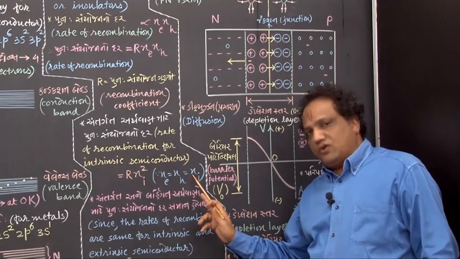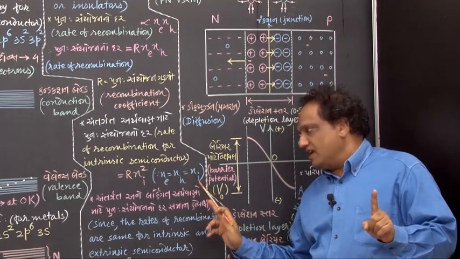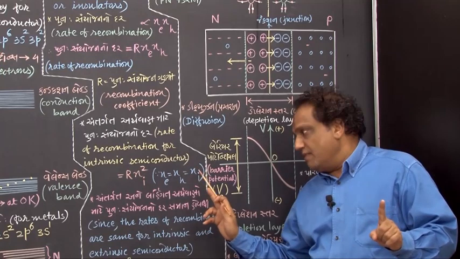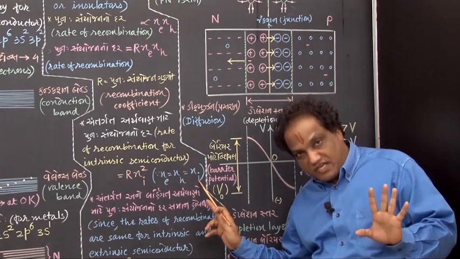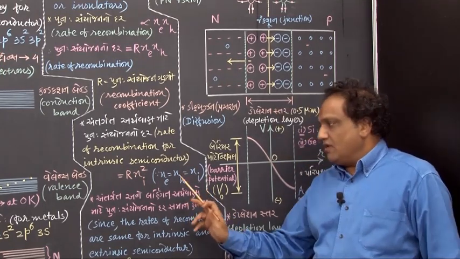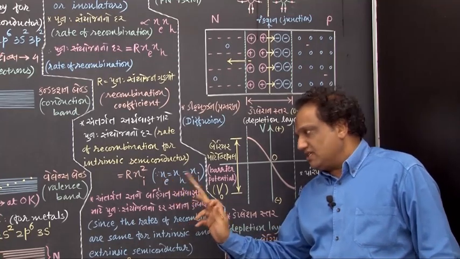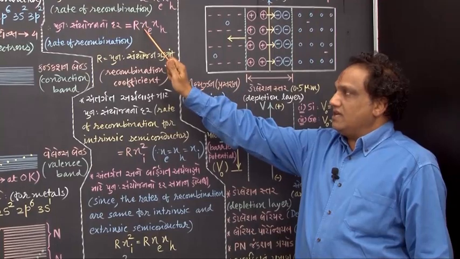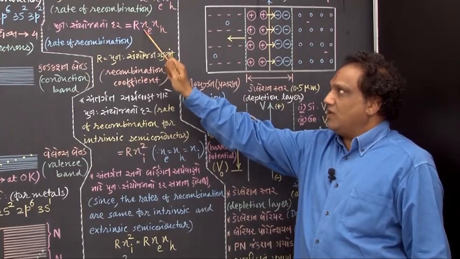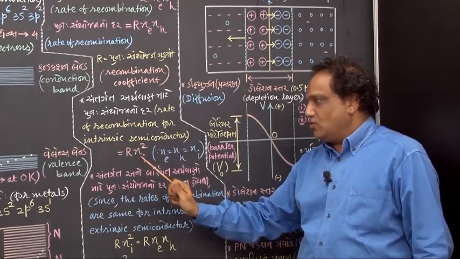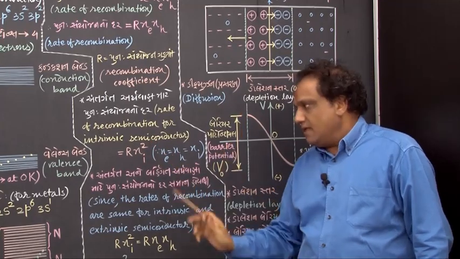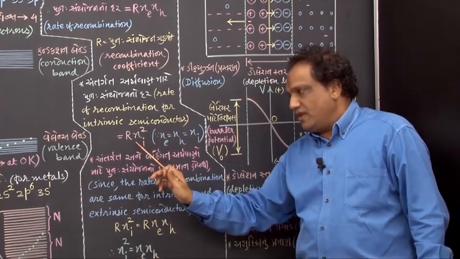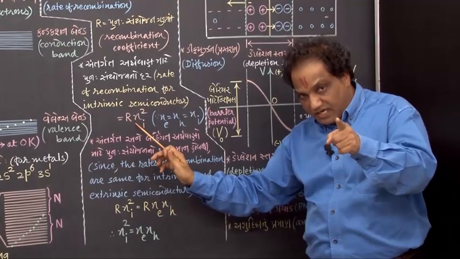This is number density of intrinsic charge carriers. Okay, fine. Now in place of Ne and in place of NH, I can write Ni. So when you write it here, Ni and Ni, it will be R into Ni square. Correct? This is rate of recombination for intrinsic semiconductor.